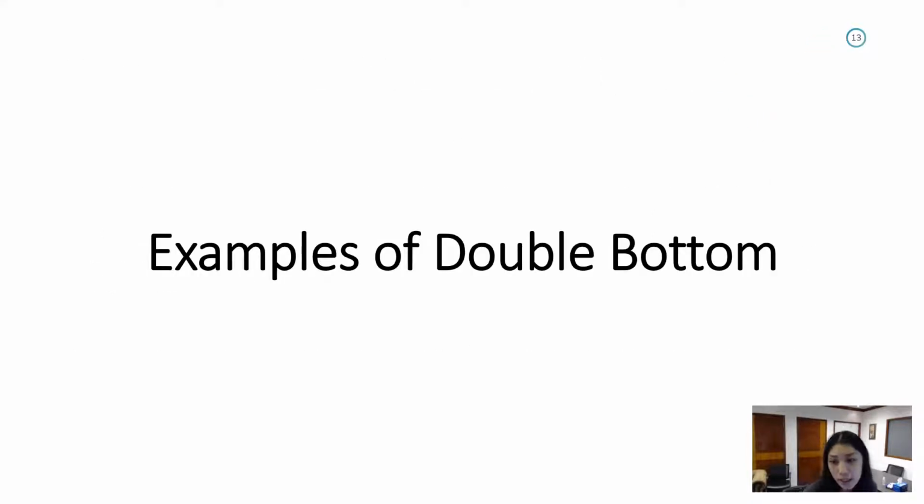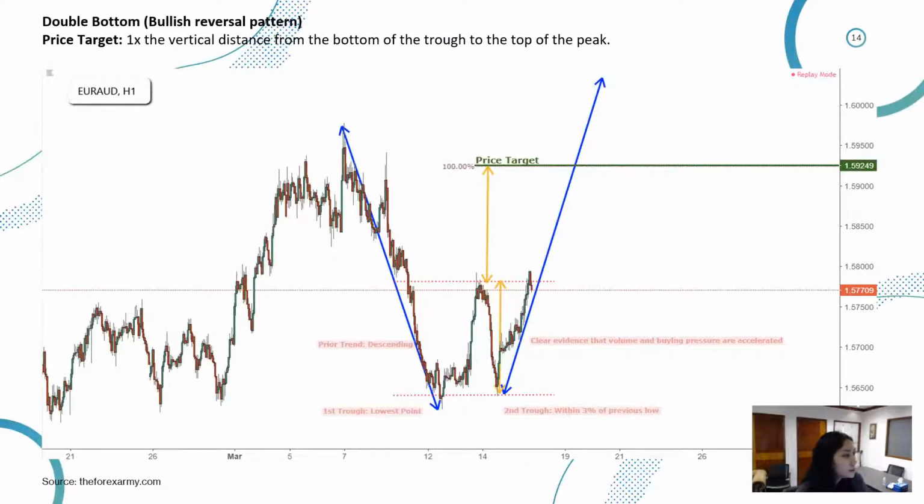Let's look at some examples of double bottom. As I mentioned previously, if you see this shape, the W shape, it is a valid one.